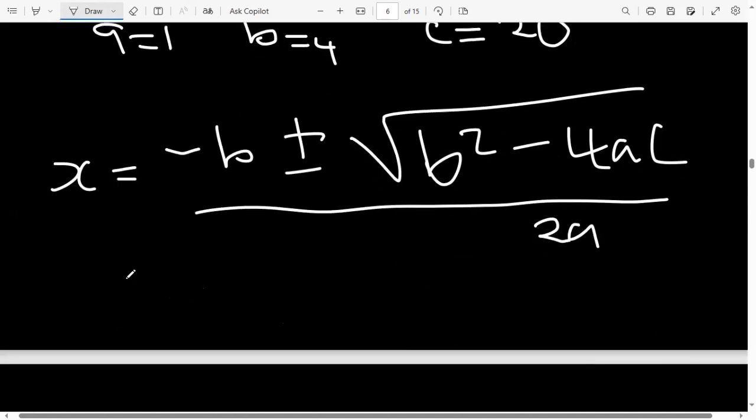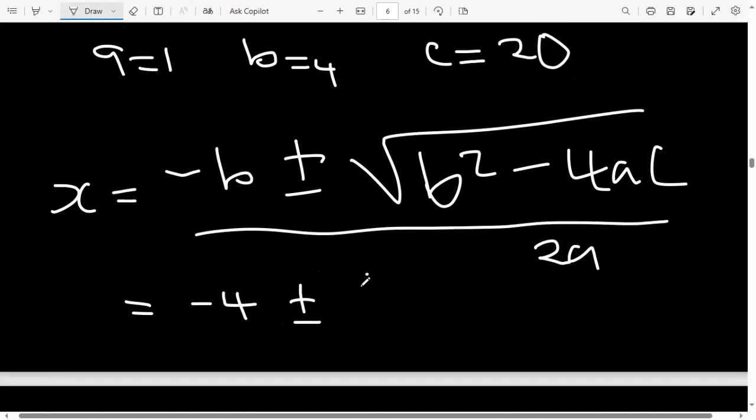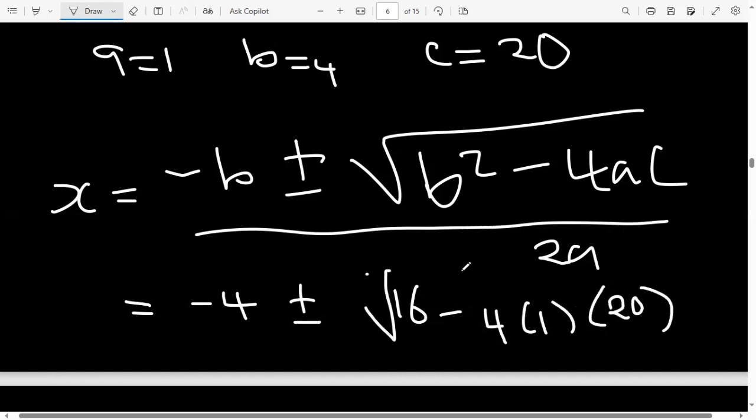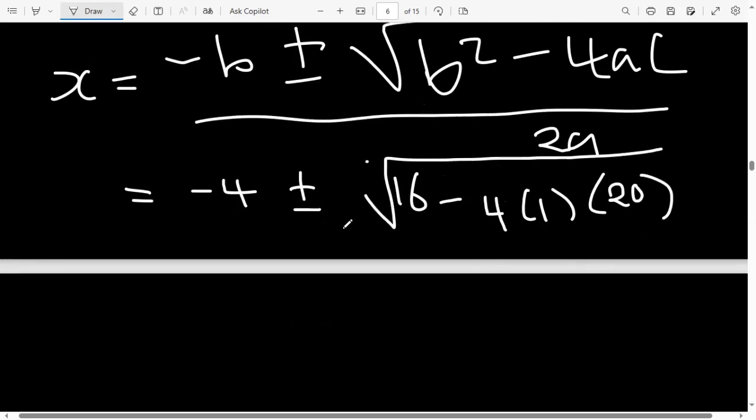So let's replace. This will be equal to minus 4 plus or minus, what is b squared? b squared will be 16 minus 4 times 1 times 20. So we see that this will have no solution, because I can see the discriminant there.